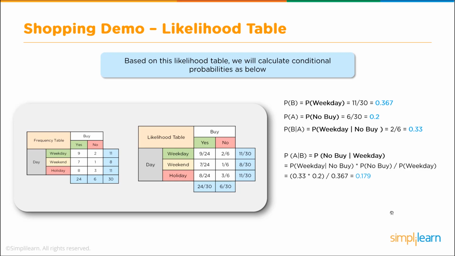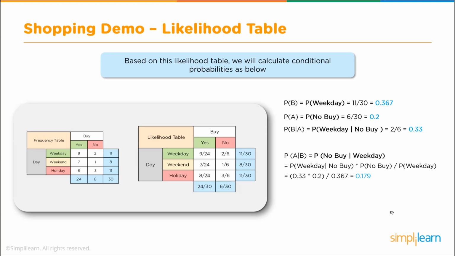We should remember that the probability of A if B is equal to the first one times the probability of no buys over the probability of the weekday. So we could calculate it off the table we created. We can also calculate this by the formula, and we get 0.33 times 0.2 over 0.367, which equals 0.179, or roughly 17 to 18%.